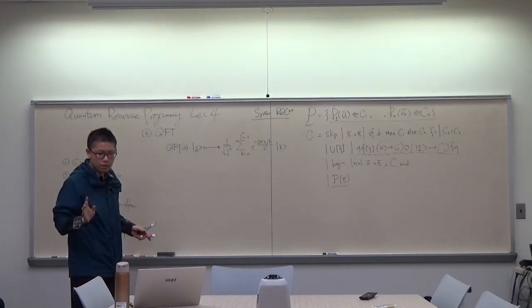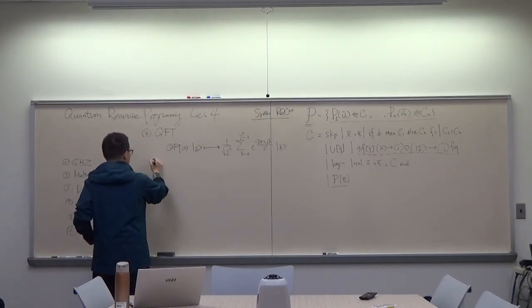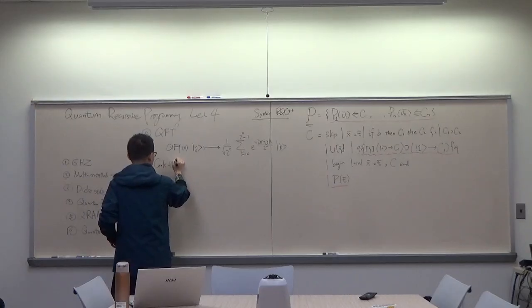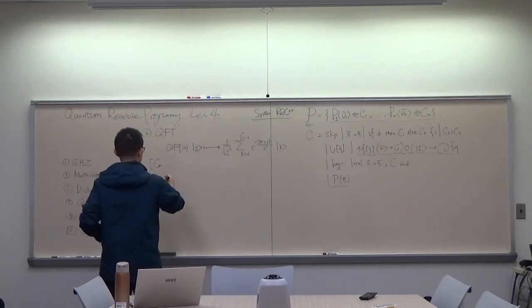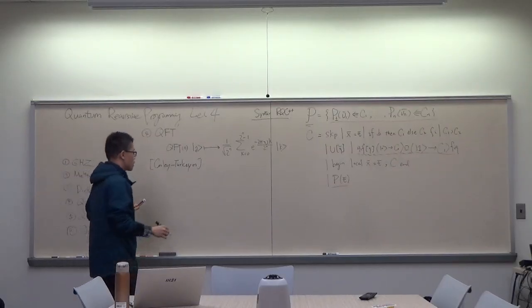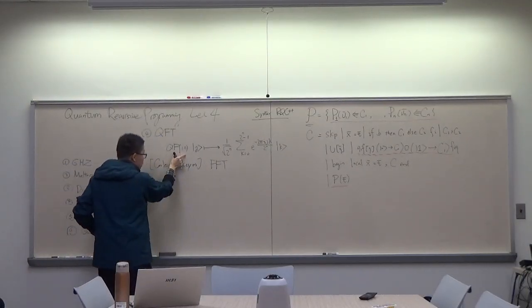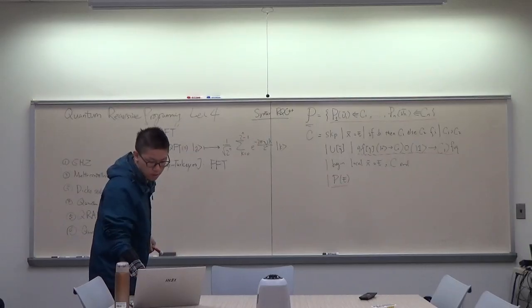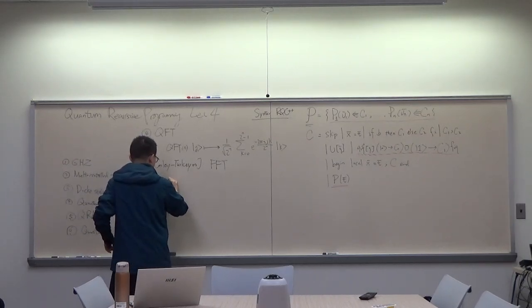The idea is from the classical fast Fourier transform, by Cooley and Tukey. The observation is that QFT_n can actually be defined by QFT_n minus 1. So the observation is, let's consider QFT.